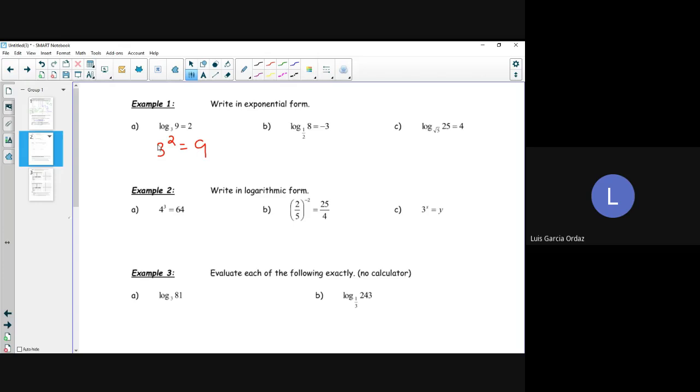So all we're doing is we have the form log base b of x is equal to y. When we want to put it in exponential form, all we're doing is taking b to the y is equal to x.